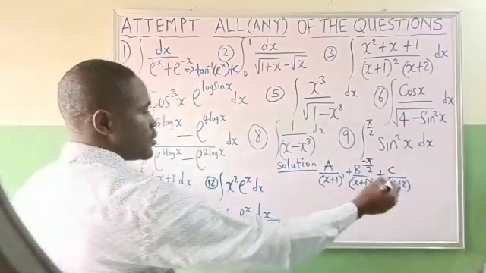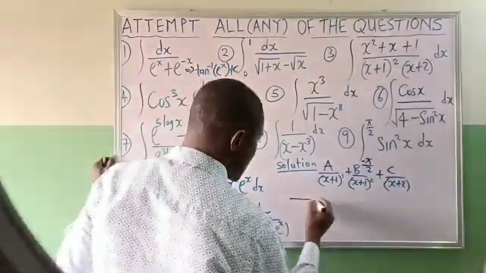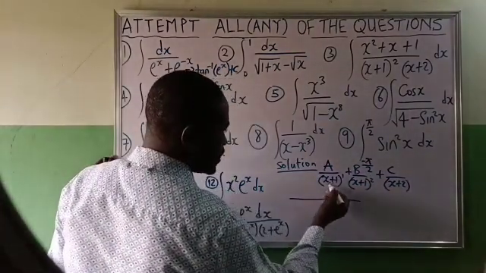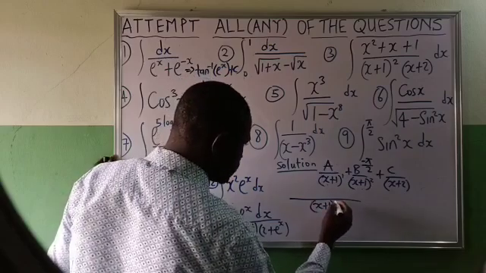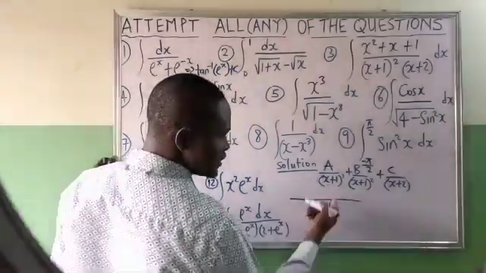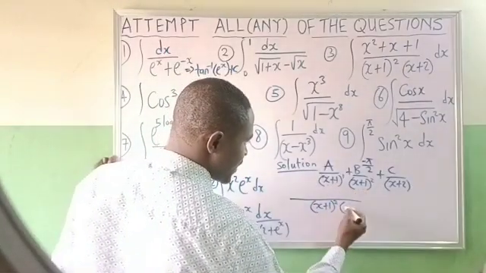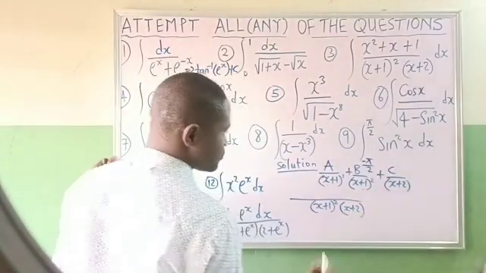Let's see. Look for the LCM of everything. So you say x plus 1 all raised to power of 2, then bracket x plus 2.